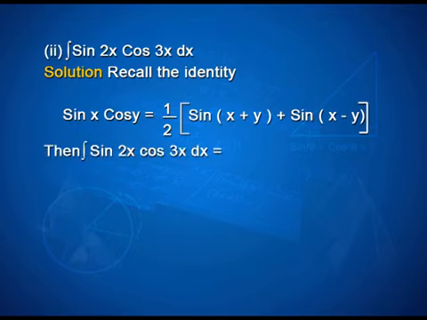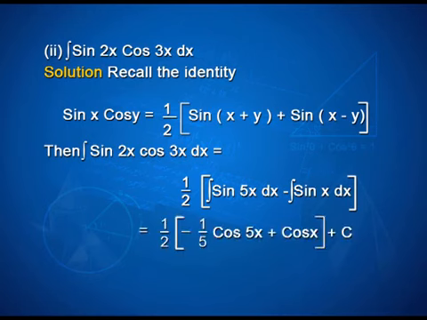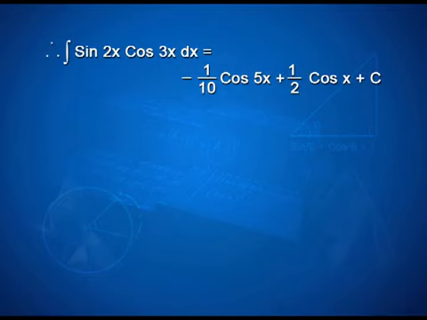Then, integral sin 2x into cos 3x dx is equal to 1 upon 2 [integral sin 5x dx minus integral sin x dx], that is equal to 1 upon 2 [minus 1 upon 5 cos 5x plus cos x] plus c. Therefore, integral sin 2x cos 3x dx is equal to minus 1 upon 10 cos 5x plus 1 upon 2 cos x plus c.